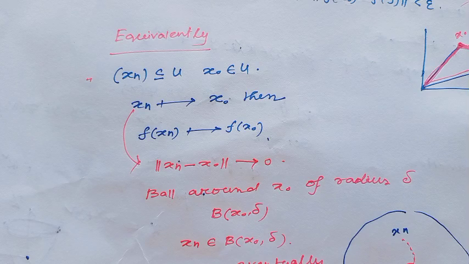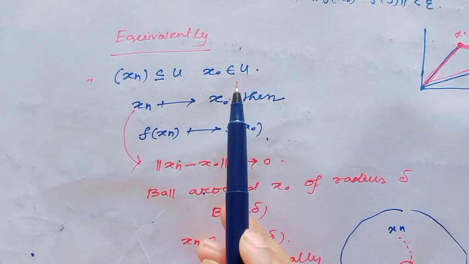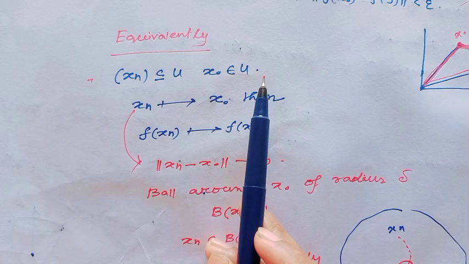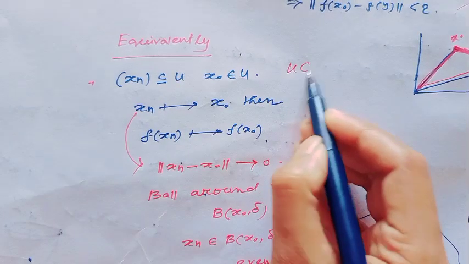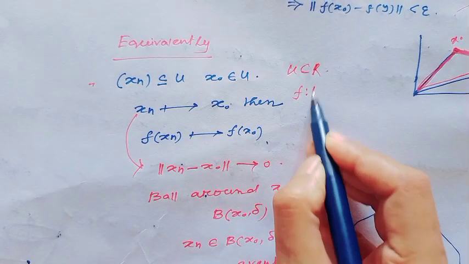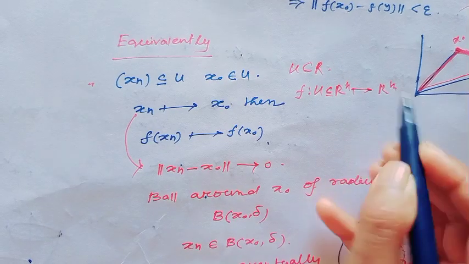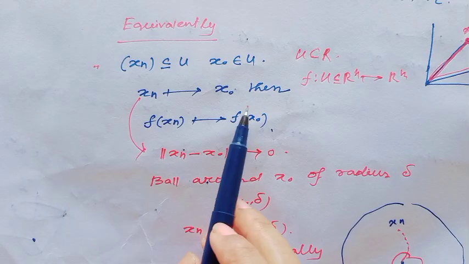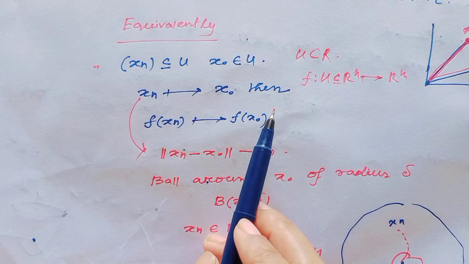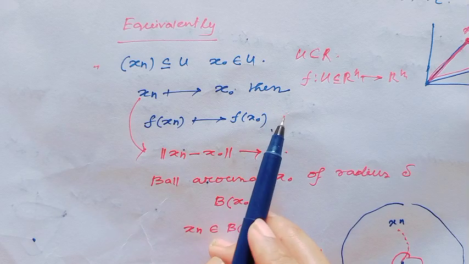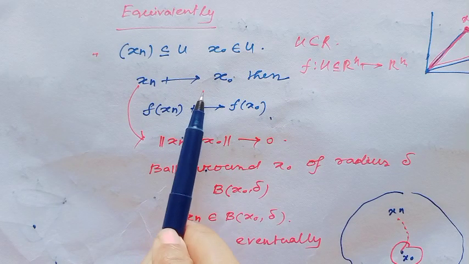Consider a sequence xn contained in the set U and x0 a point in the set U, where U is a subset of Rn and the function is defined from U to Rm. Consider xn converges to x0. Then by the sequential criterion we can say if f is continuous, then f(xn) always converges to f(x0).